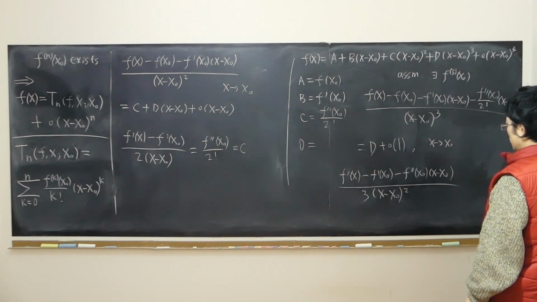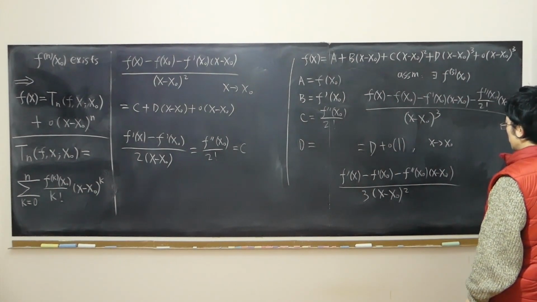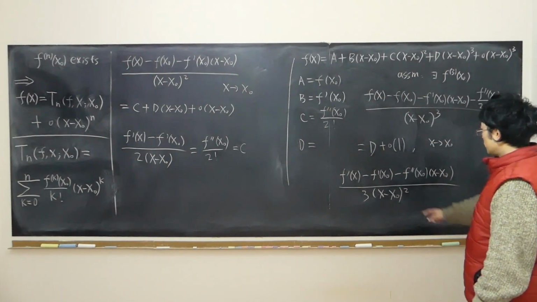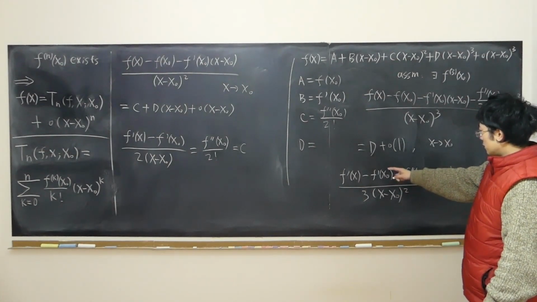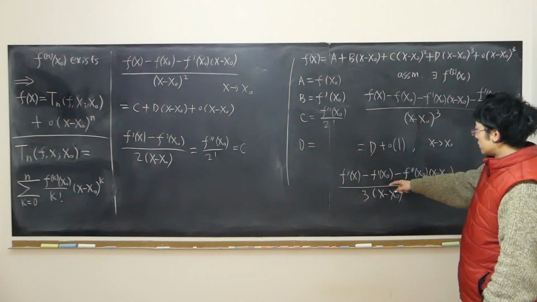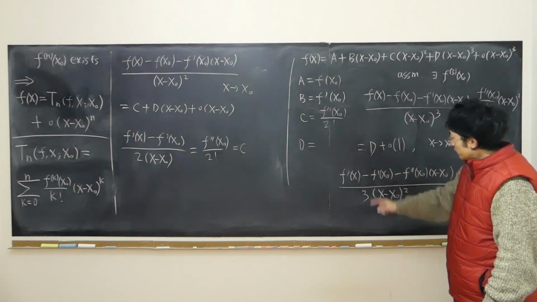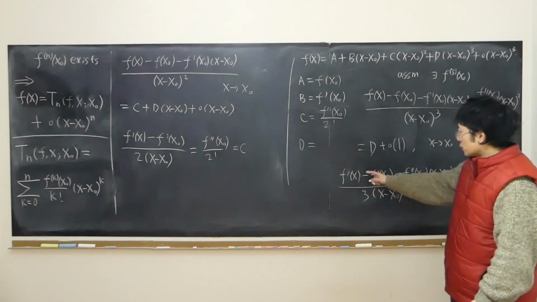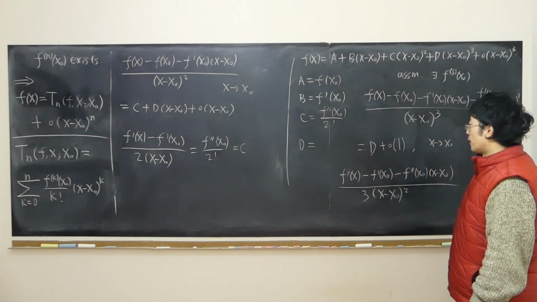And now it's still an undetermined form. The bottom still approaches 0. On top, as x approaches x naught, f dash of x approaches f dash of x naught, because f dash of x as a function is continuous at x naught. Why?